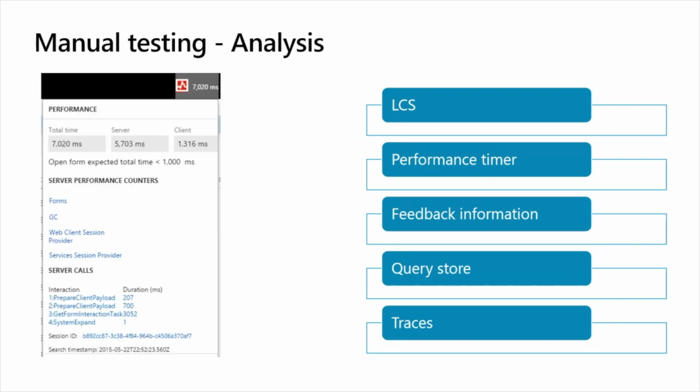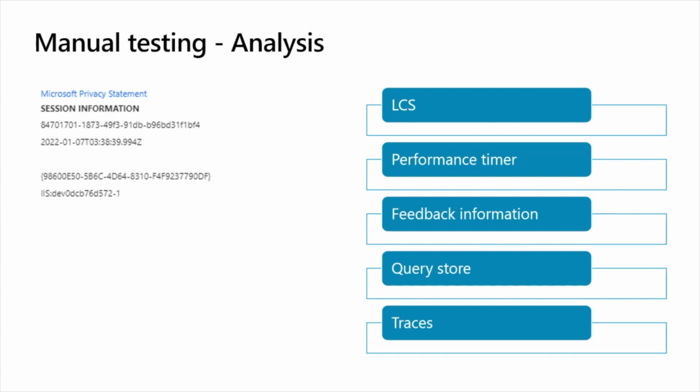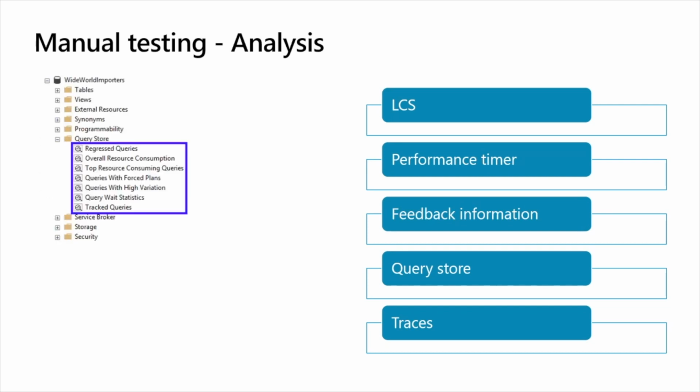One built-in tool, the performance timer, while not to be used by the tester during the performance test, can be used to collect insights on slow interactions by a dedicated super user during the test or afterwards for analysis. The feedback form can be used to help identify a specific session for later analysis. And the query store collects amazing information that can be used to troubleshoot performance issues.